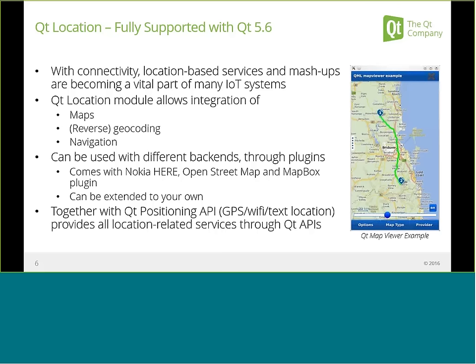But you can also extend the Qt Location API to your own mapping service provider. So it's a completely plugin based architecture that allows you to extend it, and you can use those existing plugins as an example. So anyway, maps are fully supported with Qt 5.6.